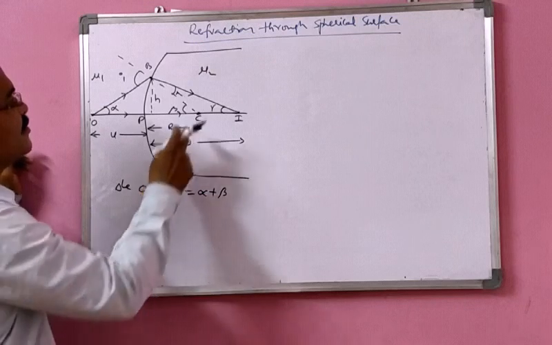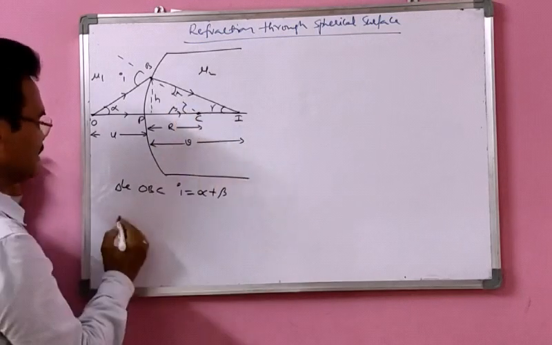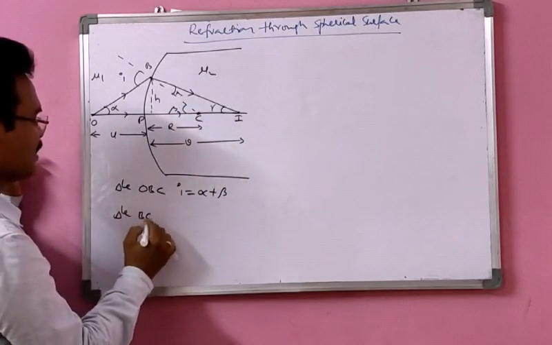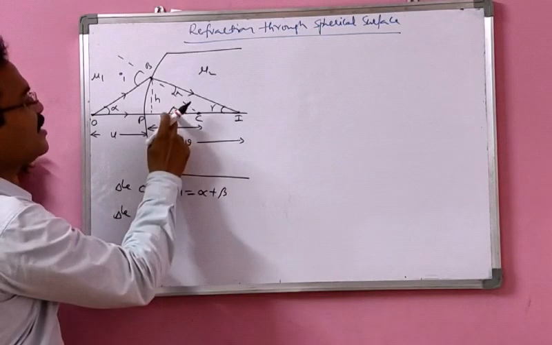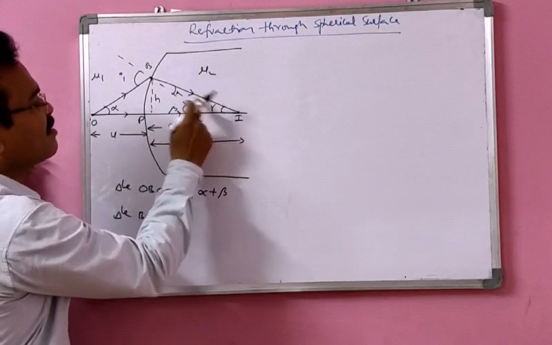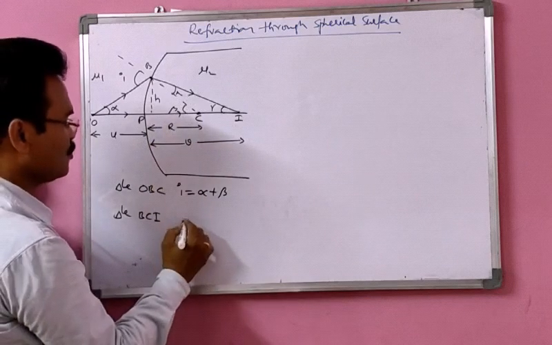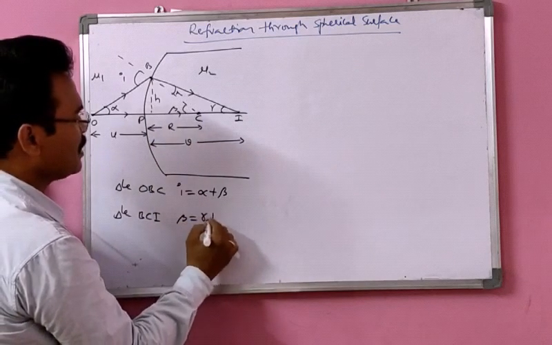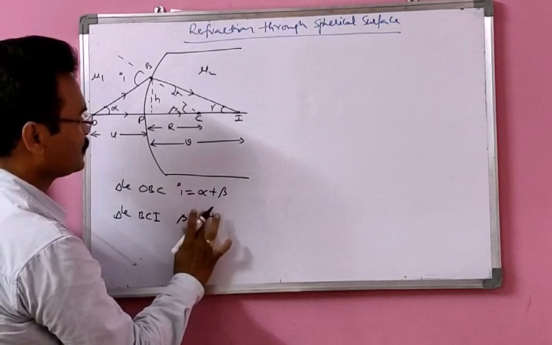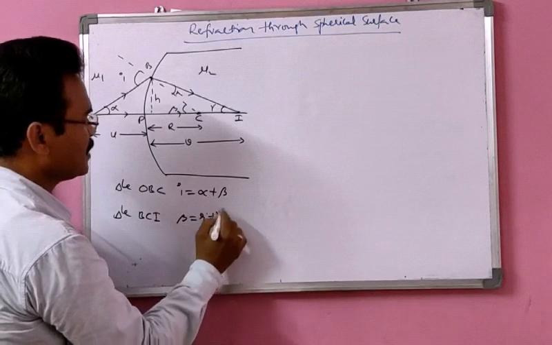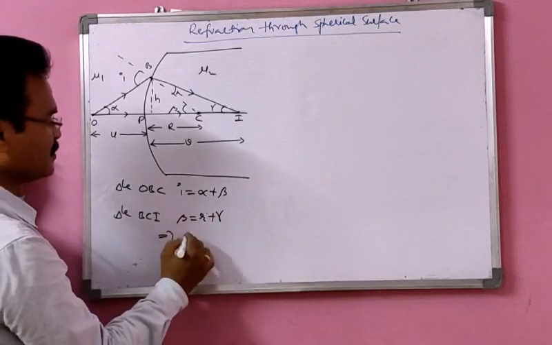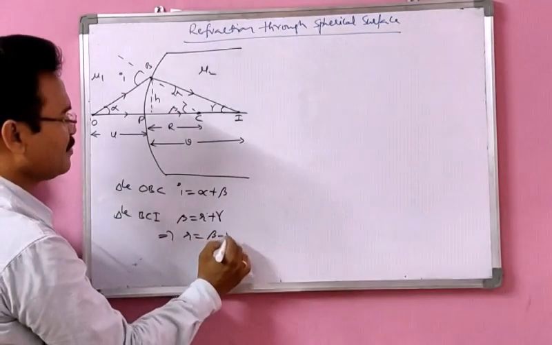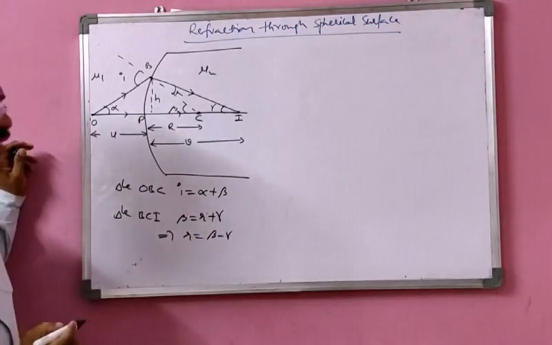In triangle BCI, the exterior angle is beta, and the interior angles are r and gamma. So beta equals r plus gamma, which gives r equals beta minus gamma.